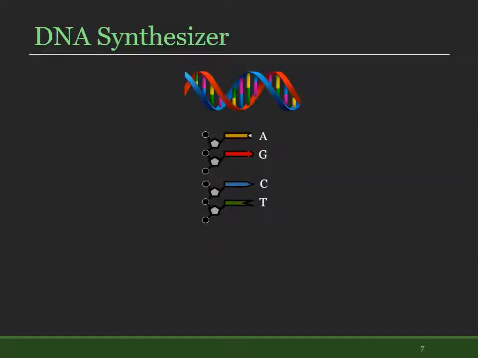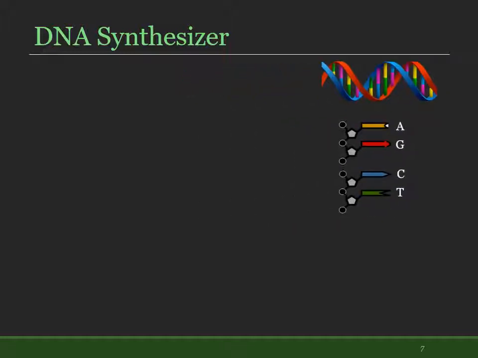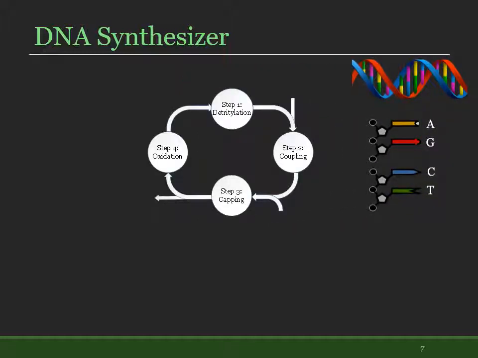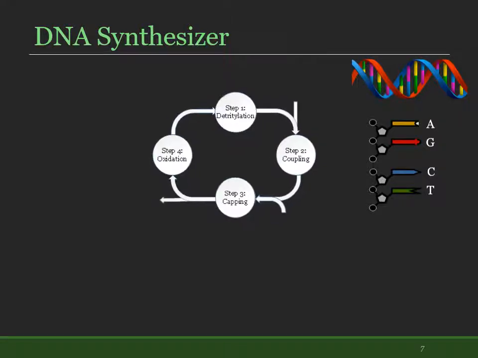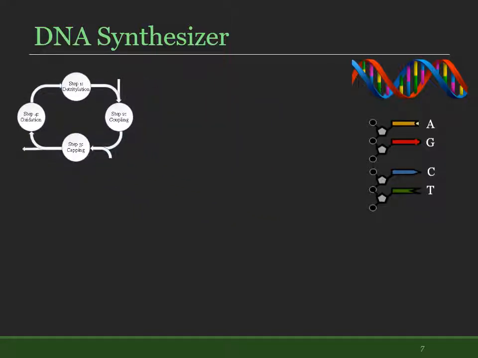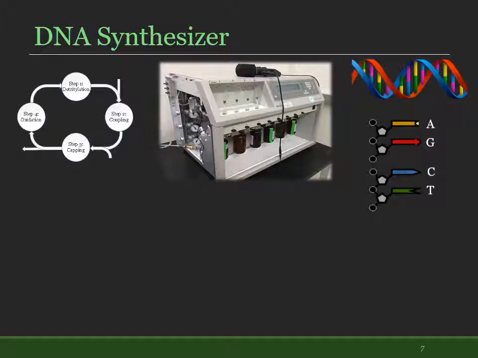First, let's take a look at how DNA synthesizers work. The commonly used DNA synthesizers carry out four repetitive steps sequentially to produce the output DNA molecules. As you are going to hear next, the machine generates a continuous noise with some clicking sounds once in a while.